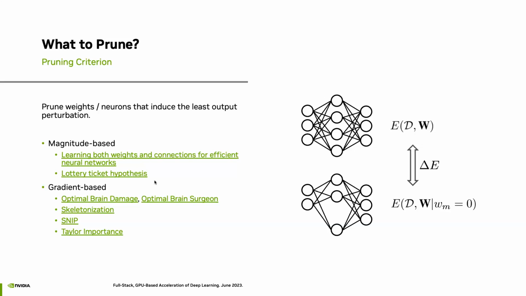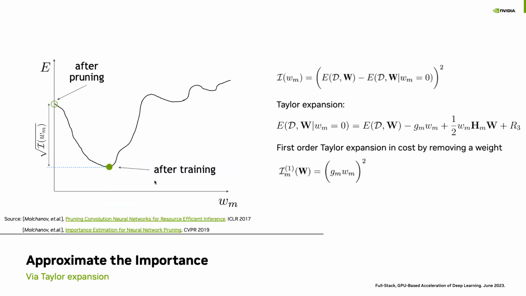I'm going to talk a little bit more about one of the gradient-based methods, the Taylor importance. In this method, we estimate the importance by the loss change after setting a parameter to 0. This process can be regarded as adding some perturbation to the existing weights.